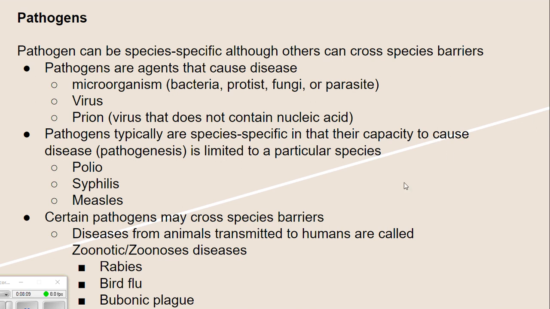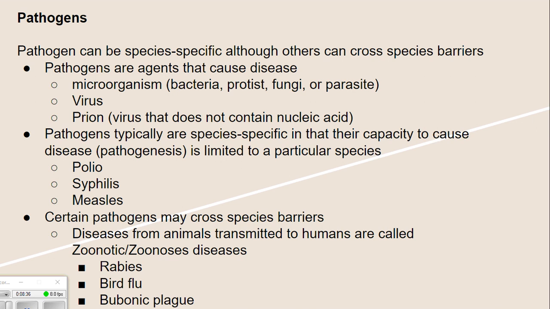And so pathogens are typically species specific in that their capacity to cause disease, when a pathogen causes disease, this is called pathogenesis, is limited to a particular species. So if you have a particular type of virus, let's say, it is specific to a certain species and typically does not cause infection in different species.